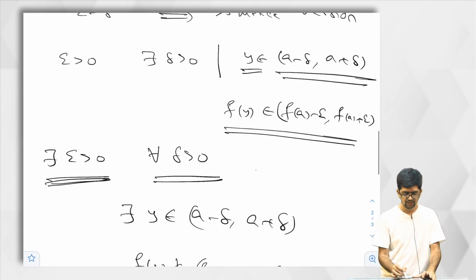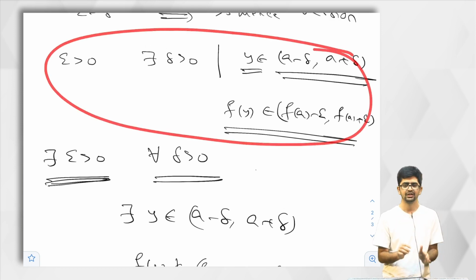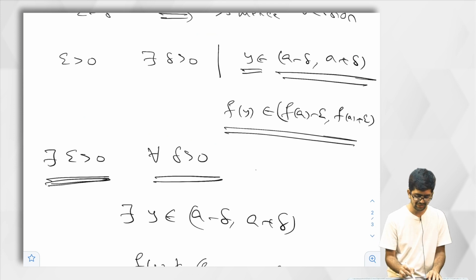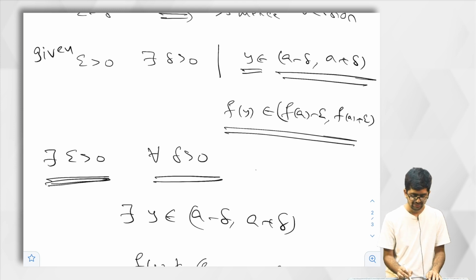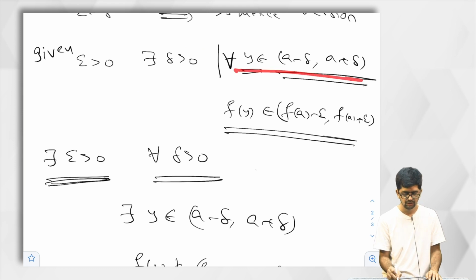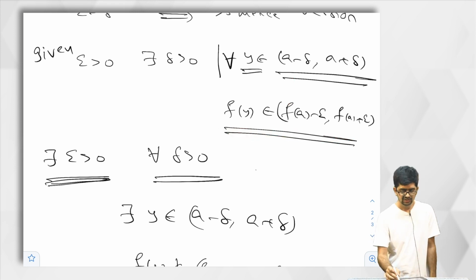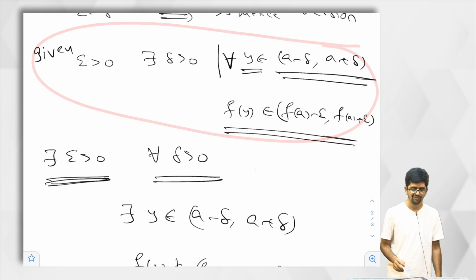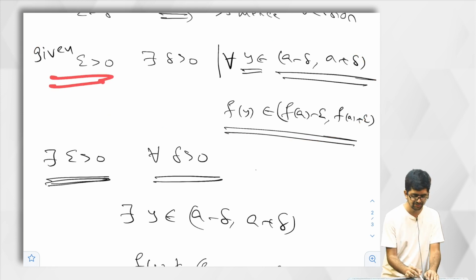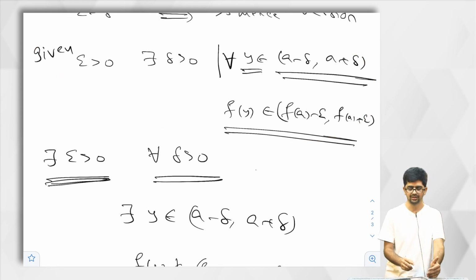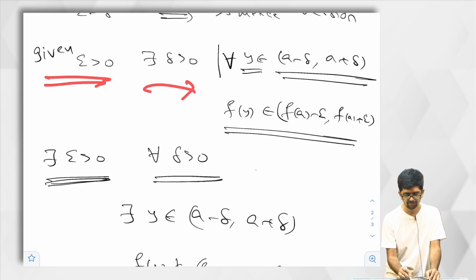Let me say one more time. We are assuming that this statement is wrong. So maybe I will add something before. Given epsilon positive, there exists delta positive such that for all y belongs to this interval, we have f of y in this interval. Suppose this is wrong; we should start at the first description and proceed further.